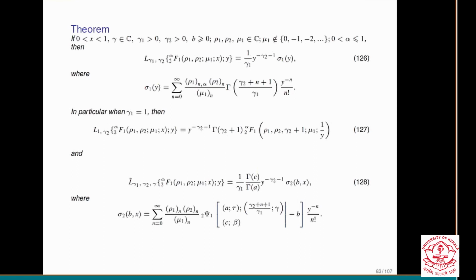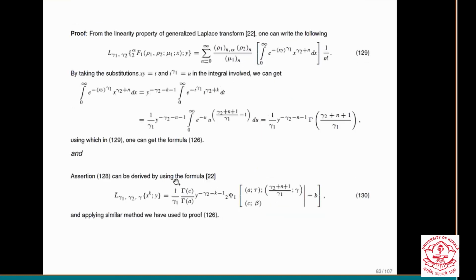So this is our function, and this gives you equation 126, and the value sigma 1 of y is defined by this. So if I put gamma 1 equal to 1, this equation becomes 127, and here this is your 128, where the sigma 2 of y can be represented in the form of this one.